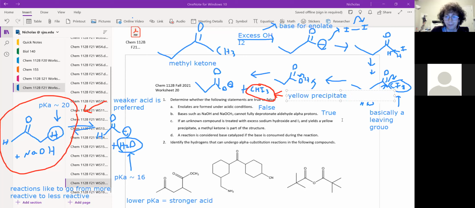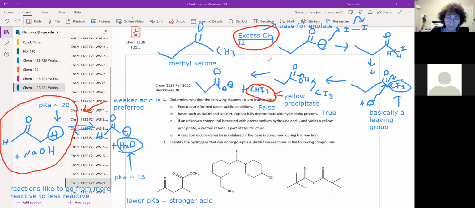So again, I honestly am not sure how many of these details for this process you have to know, but you should know that if you add hydroxide and I2 to a methyl ketone, you'll get a yellow precipitate. And all this is why: because it replaces all the alpha hydrogens, then you kick out this group, and then you form iodoform, which precipitates.